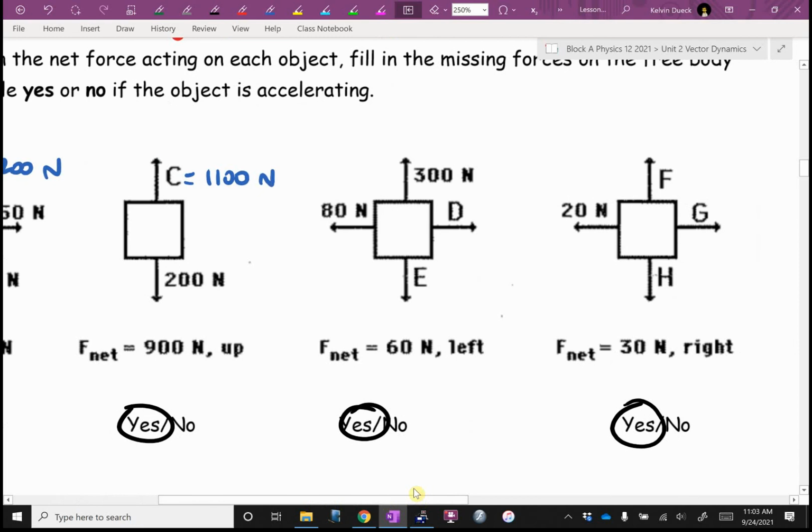How big must force D be? What about E? Since there's no vertical acceleration, I have to assume that in the vertical direction, the net force is 0. The forces are balanced.